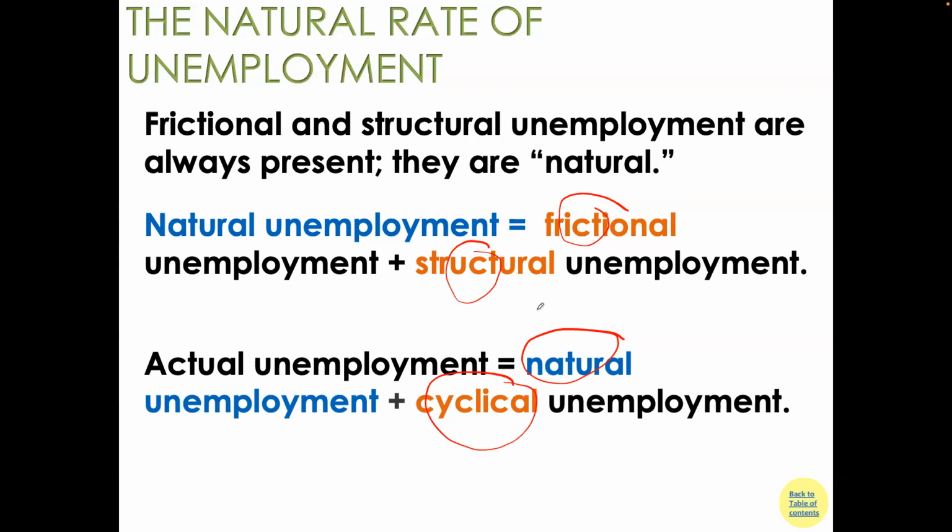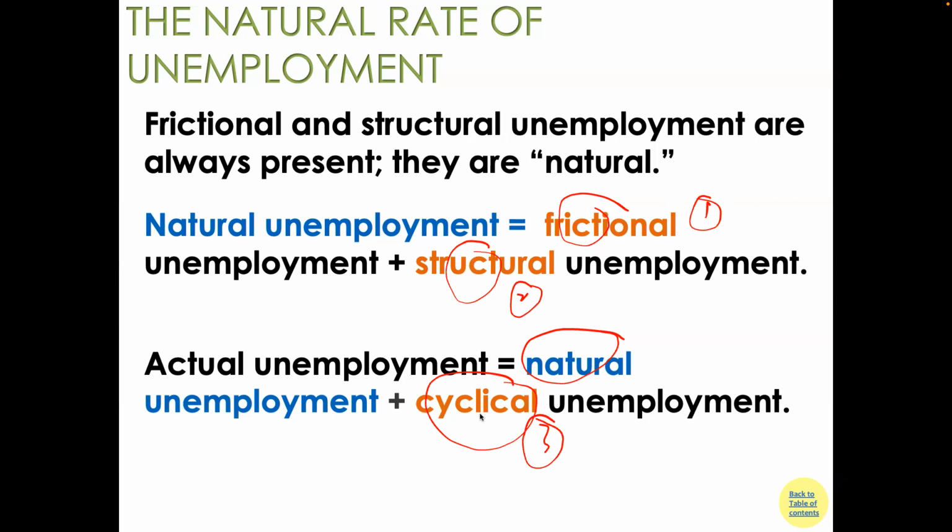Remember, there are three types of unemployment, right? Frictional is number one, structural number two, cyclical number three. The first two we put together, called natural, and whatever is not natural we call cyclical. You may be wondering why we call them natural.